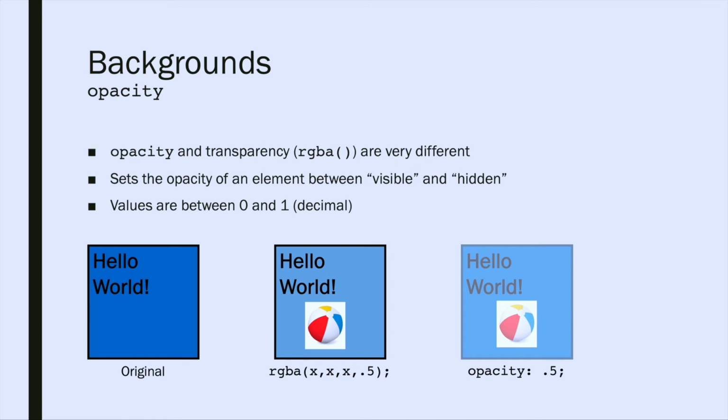So the text, the backgrounds, the border, and the image are all now semi-transparent, which makes it a little hard to see when we're trying to deal with seeing things on our page. So when we're dealing with a transparent background, make sure you only use RGBA. If you want to make everything inside the element transparent, then you can use the opacity. Chances are you'll be using RGBA 1,000 times more than the opacity property.